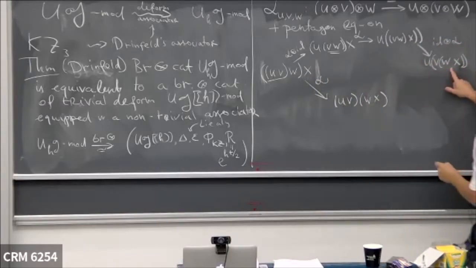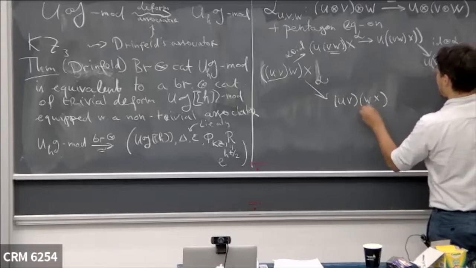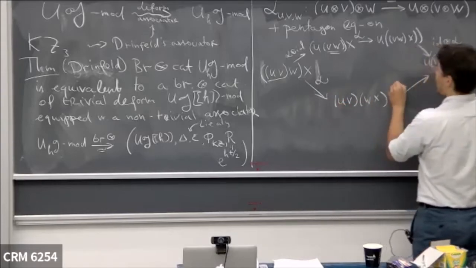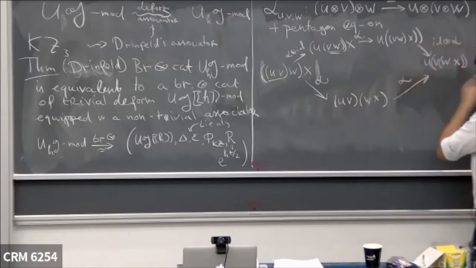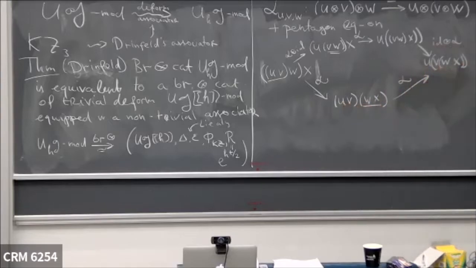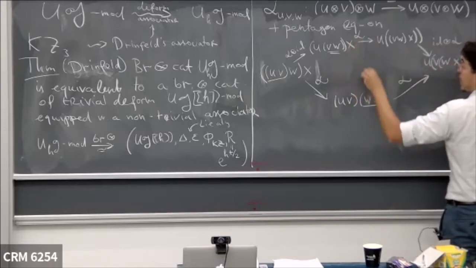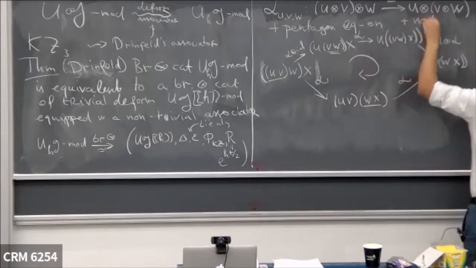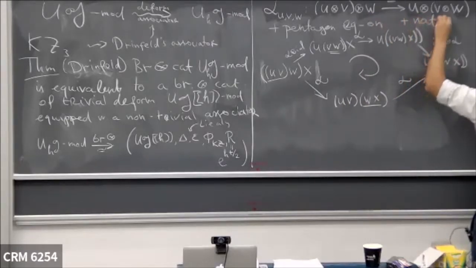I need to think about WX as one object, and it's again alpha with different components. So WX is one object, and I get to this. In the pentagon equation we require that this path equals this path, so that the diagram commutes. That's the only equation we require for alpha, plus naturality. So this family of isomorphisms should be natural.